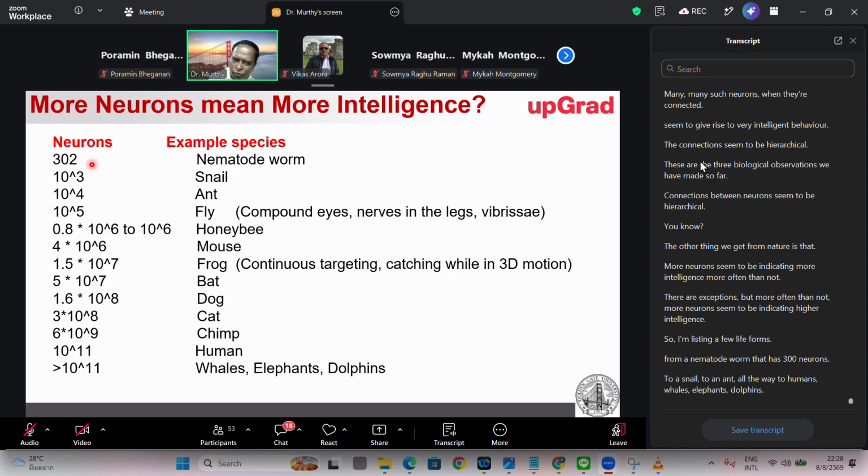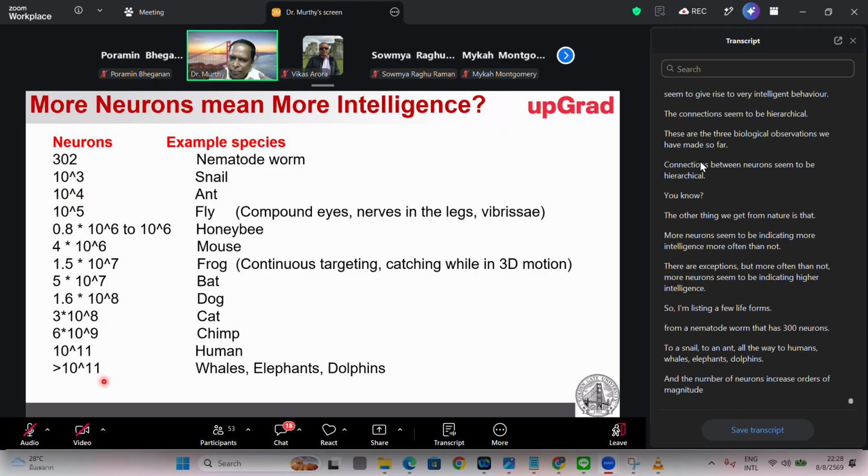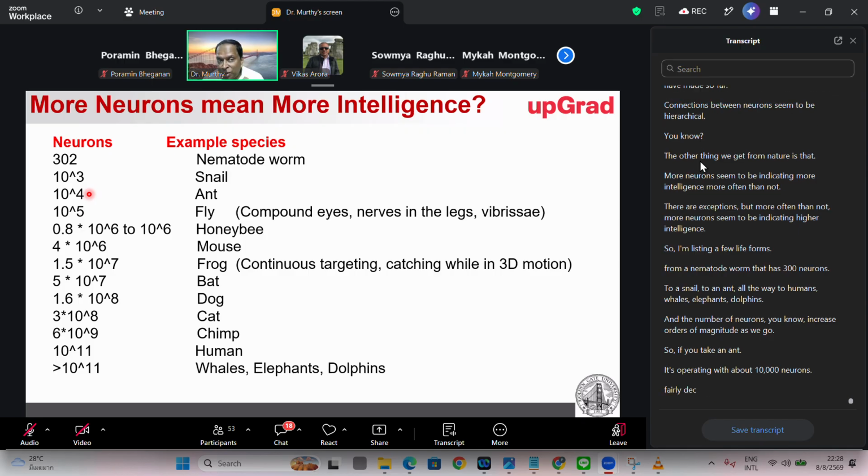And the number of neurons increases by orders of magnitude as we go. So if you take an ant, it's operating with about 10,000 neurons. Fairly decent intelligence with 10,000 neurons, right?